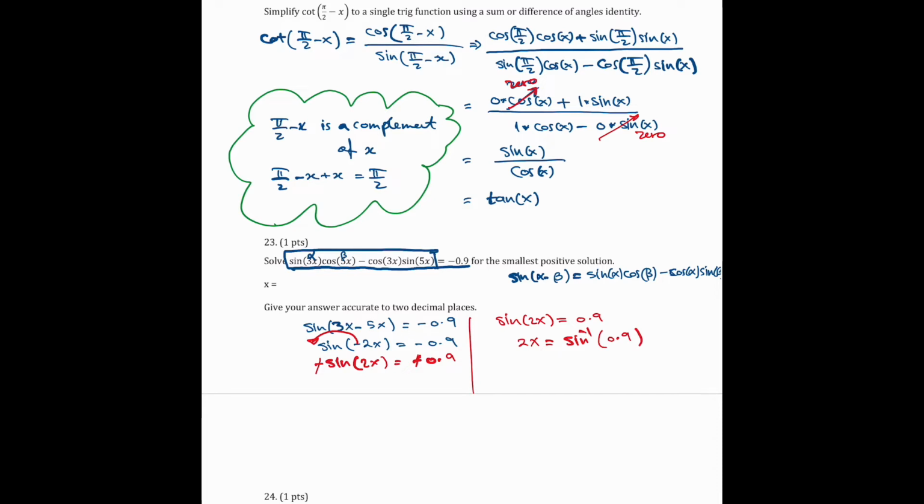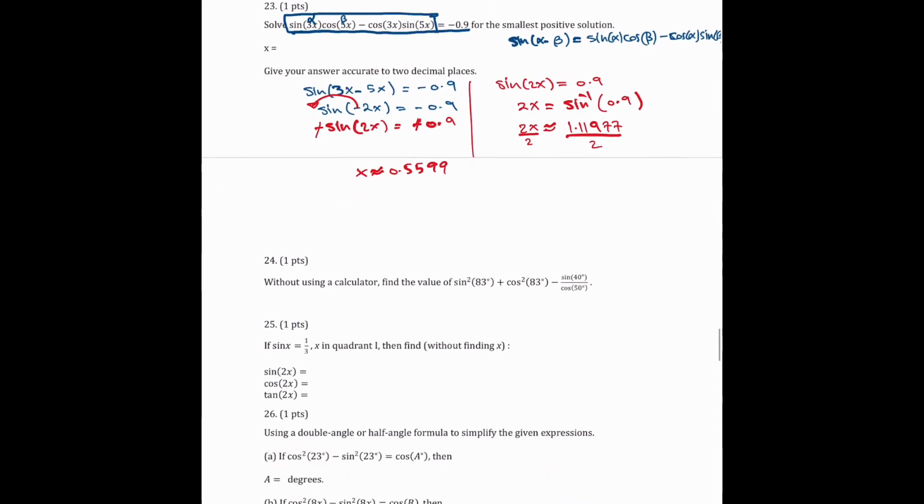So 2x is equal to inverse sine of 0.9, which means 2x is equal to, using the calculator in radians mode, approximately 1.11977. And then to find the final answer, I'm going to divide both sides by 2. So if you divide by 2, you get x is equal to approximately 0.5599. And this is using the calculator.